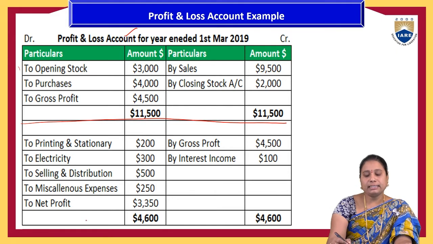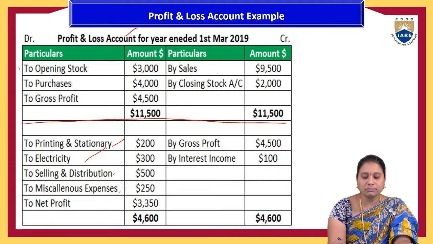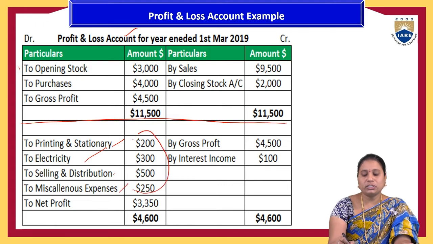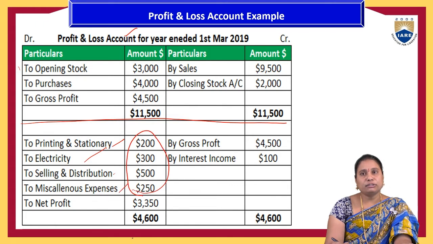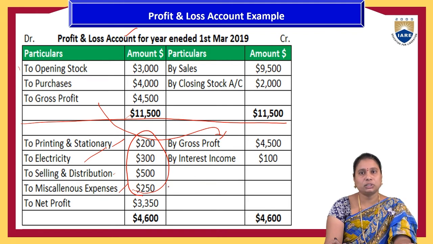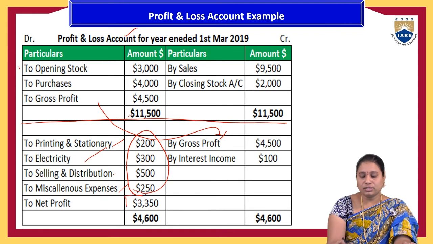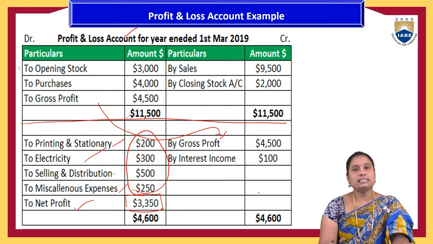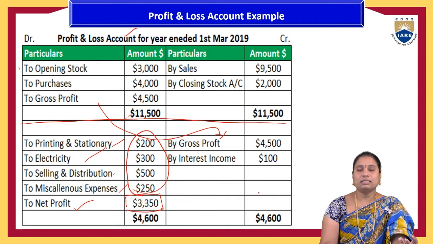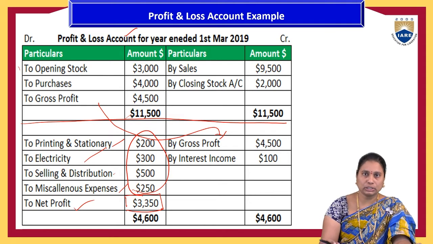In the second part, indirect expenses like printing, stationery, electricity, selling, distribution and miscellaneous expenditures are treated as indirect expenditures. The gross profit gained is posted on the credit side, which is added to the interest income of the organization, and the balance of that will be treated as net profit. So that is an example of the profit and loss account.